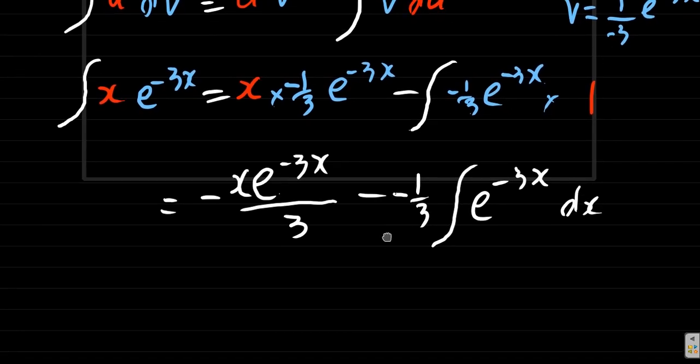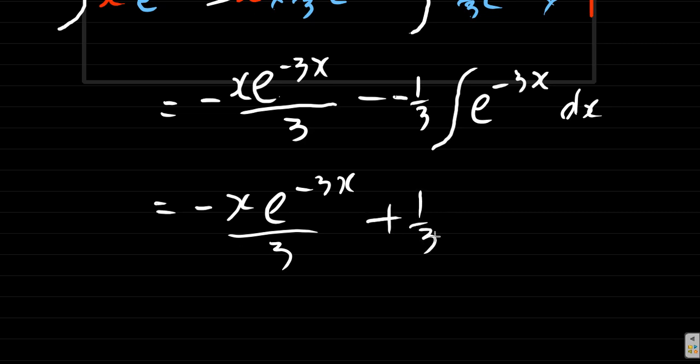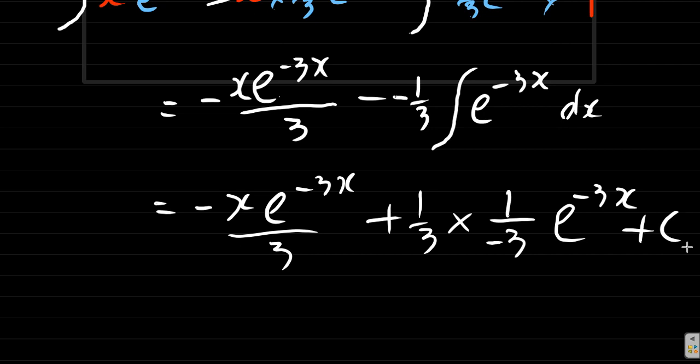Now, what we have here is negative x e to the negative 3x over 3 plus 1/3. What is the integral of e to the negative 3x? Well, remember, when you integrate e to negative 3x, it's going to be 1 over negative 3 e to the negative 3x, plus c.